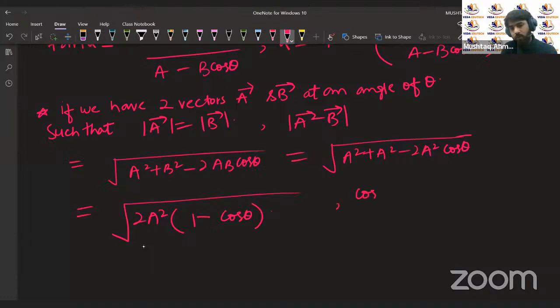So we know one of the important trigonometric identities, that cos of 2 theta is equal to 1 minus 2 sine square theta.